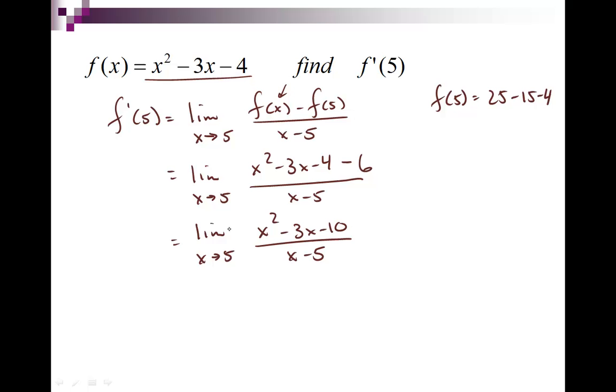It's absolutely critical that you continue to write that we are looking for the limit as x approaches 5. Notice that we cannot plug in x equals 5. If I plug in x equals 5 right now, I get 0 over 0. So I'm not looking for this value, I'm looking for the limit of the value as we make x really, really close to 5.